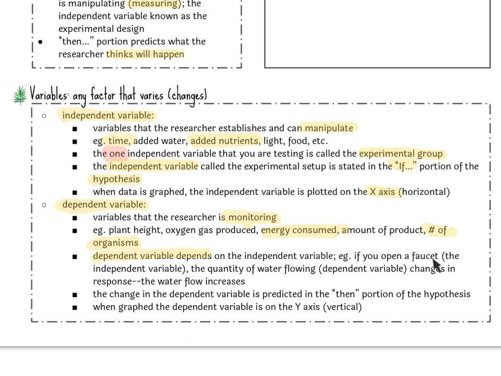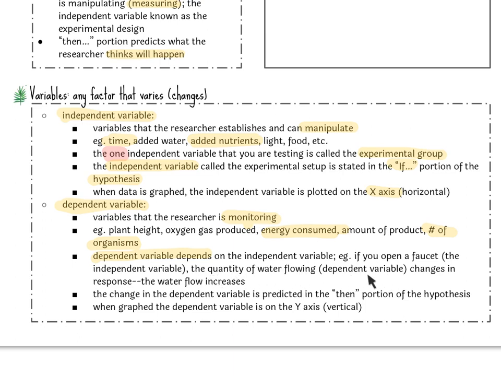Me, because I'm the scientist, I'm the researcher. That is my independent variable. I am changing the faucet status, okay? And what's going to happen? Water's either going to run out or water's not going to run out. But either way, we're going to measure how much water is flowing. Either a lot, a little, none, okay? And that is your dependent variable.